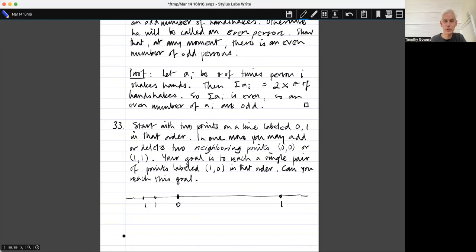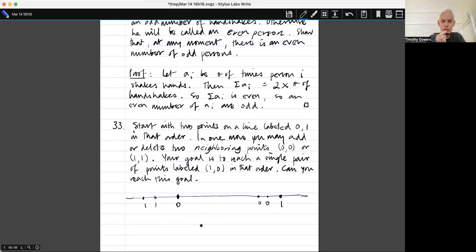Oh, and I can also delete. And I could put in a 0, 0 somewhere over here. Then if I wanted to, I could remove that pair of consecutive noughts. And so on. And I want to end up with just 1 0.